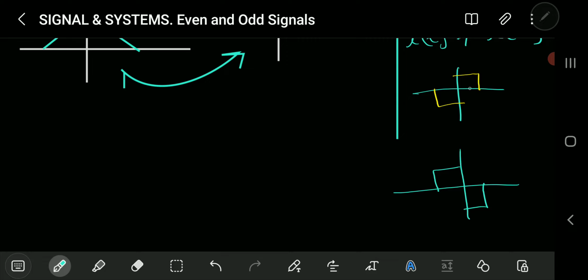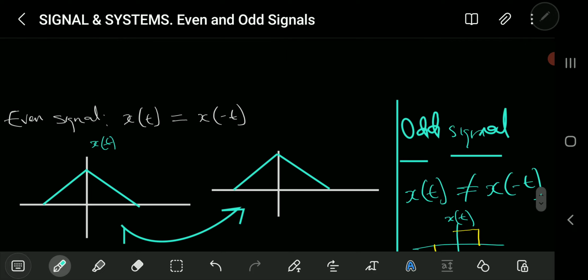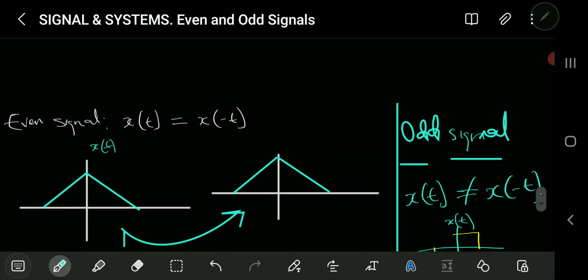You can see that they are not similar. They are not looking the same. So we can conclude that if this is our x of t, and this is our x of minus t, that simply means that our x of t is not equal to our x of minus t, and this is an odd signal. So that is how we can differentiate between even and odd signal.